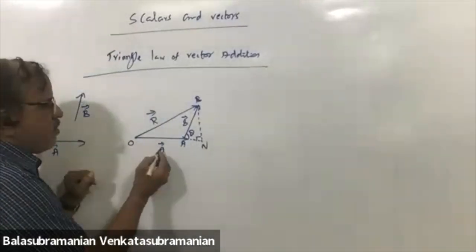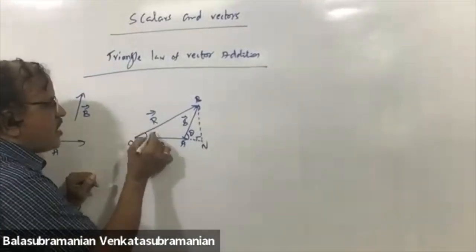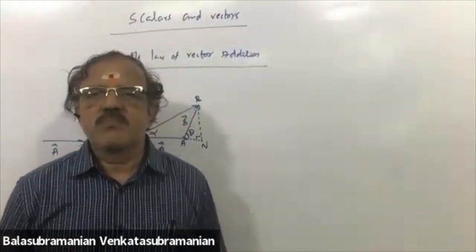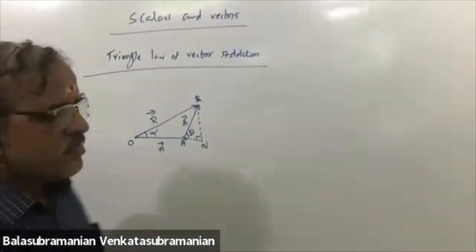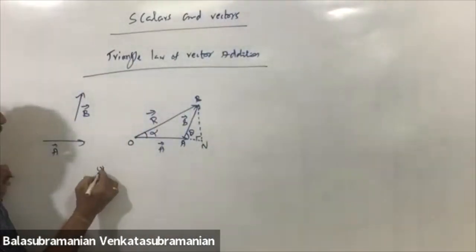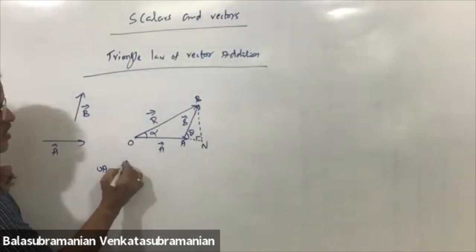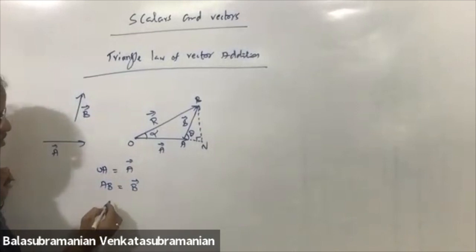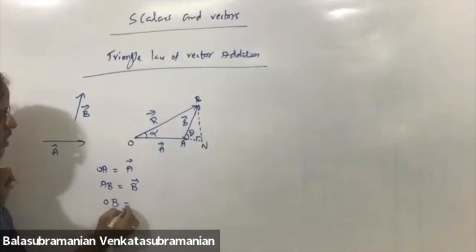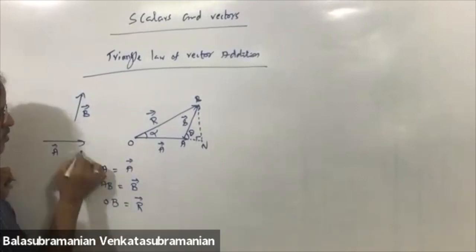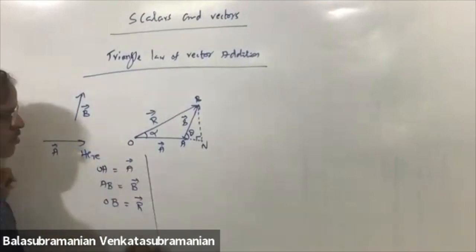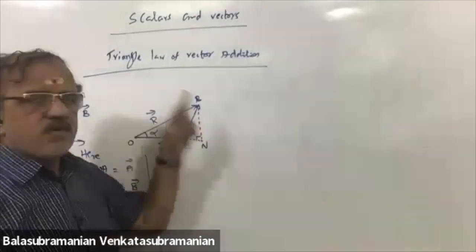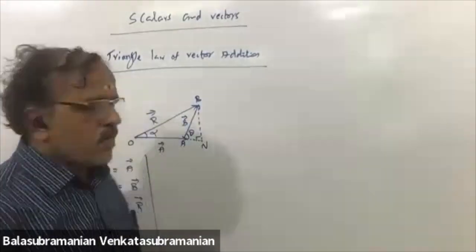The angle subtended by the vector A with the resultant is alpha. So OA is the A vector, AB is the B vector, OB is the R vector. Our aim is to calculate OB. Okay, fine.